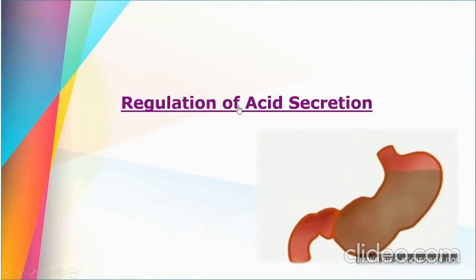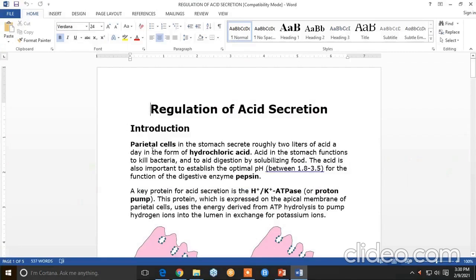Regulation of acid secretion. The parietal cells in the stomach secrete roughly 2 liters of acid a day in the form of hydrochloric acid. This acid kills bacteria and aids digestion by solubilizing the food. The acid is also important to establish the optimal pH, between 1.8 and 3.5, for the function of the digestive enzyme pepsin.